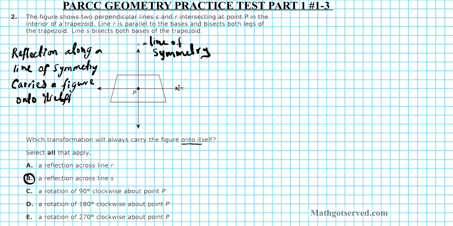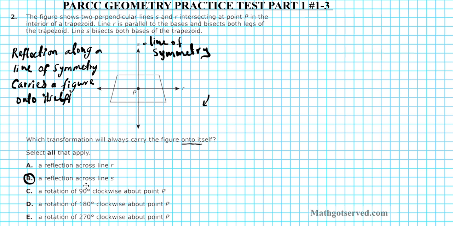Is line R a line of symmetry? The answer is no, because this line doesn't divide it into two identical parts. The bottom piece of the trapezoid is much bigger than the top part. All right, so let me go ahead and take a look at the other ones. A 90-degree clockwise rotation. We're going to rotate this downwards clockwise, 90 degrees. That will not give us exactly the same image as what we started with.